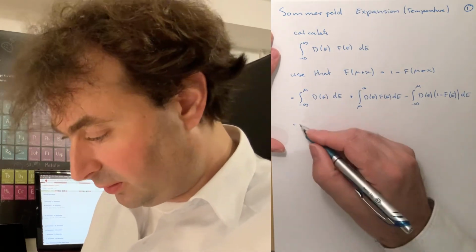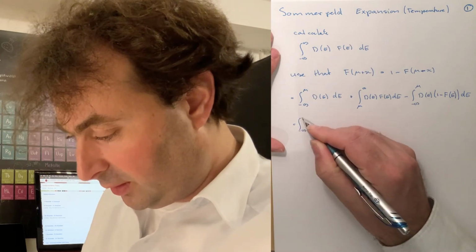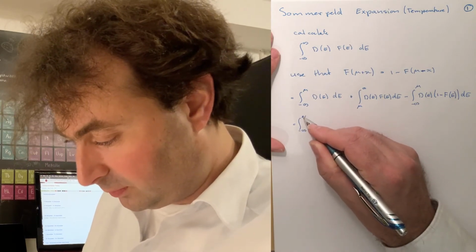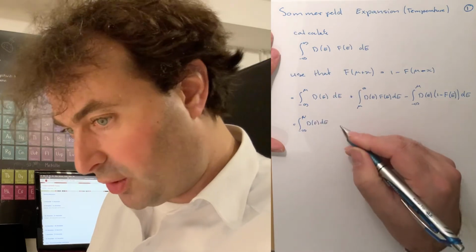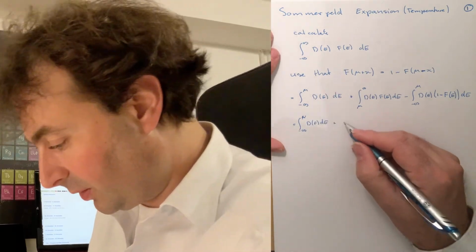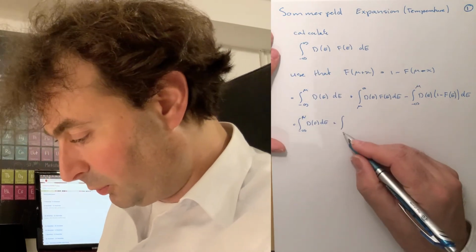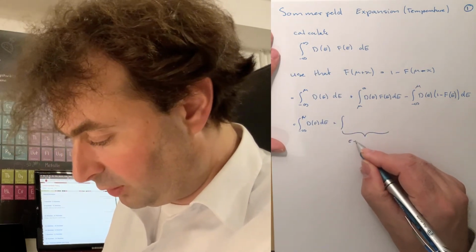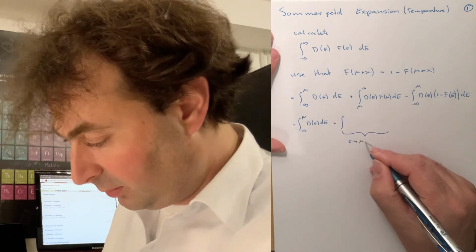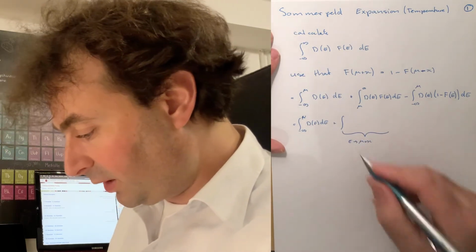This is the integral over the densities of states up to the chemical potential plus. And now I'm going to make a substitution where I replace the energy by the chemical potential plus x.